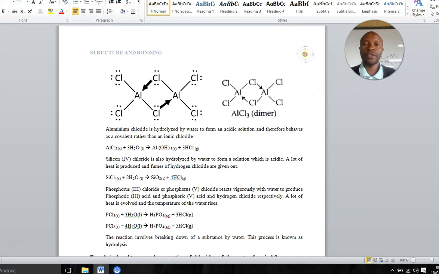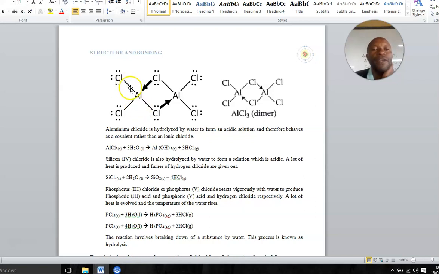If you look at the structure in your books, where you're having aluminium chloride, the dot and cross structure, showing that we have a complete aluminium chloride, aluminium combines with the chlorine there, that is a covalent bond between aluminium and chlorine. The same applies to the other chlorides. So 3 electrons on aluminium are used for bonding.